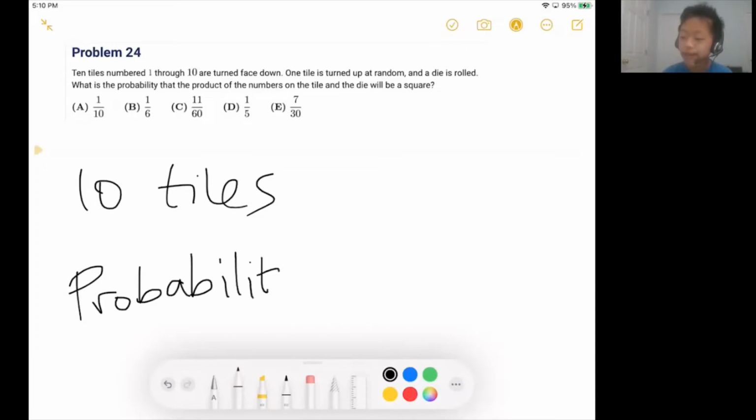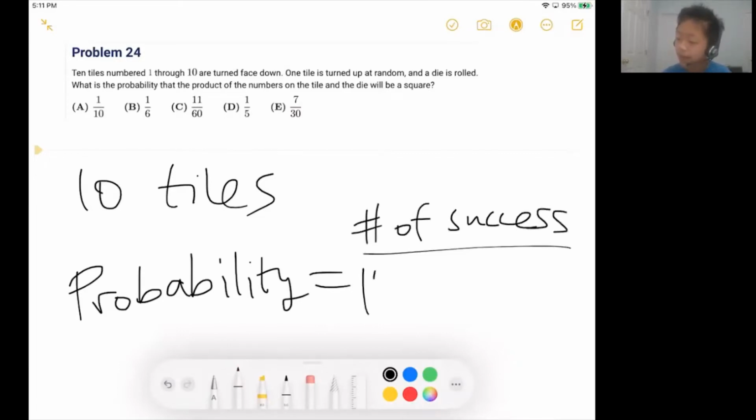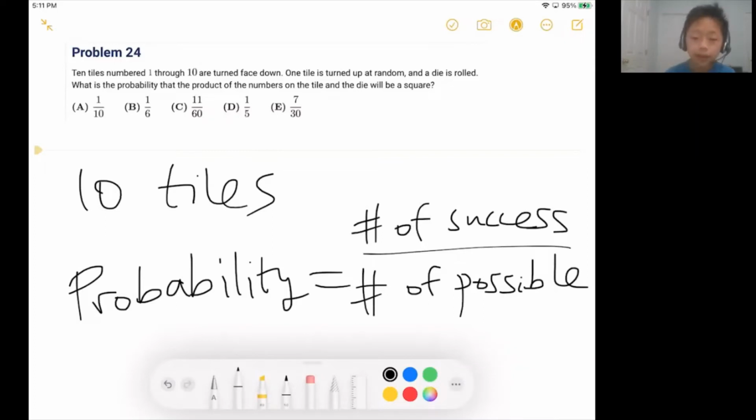We know that literally in every single AMC problem, the formula for probability you're going to start with is the number of successes divided by the number of possible outcomes.